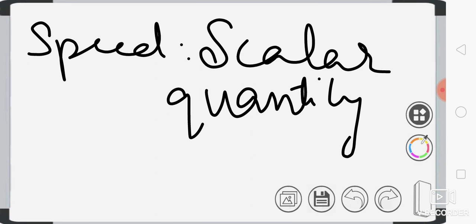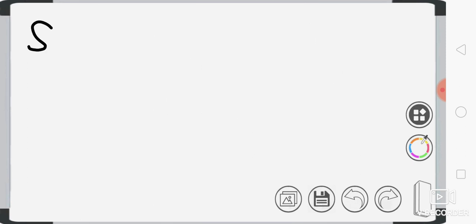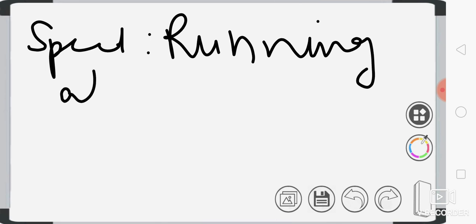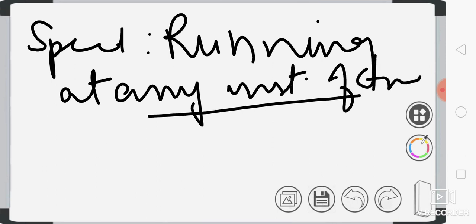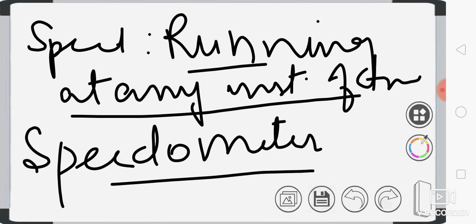And if we want the speed of a running car or any vehicle at any instant of time, it can be measured or shown by an instrument called a speedometer, which is already fixed in our vehicles.